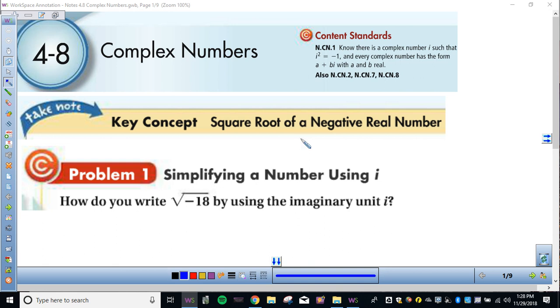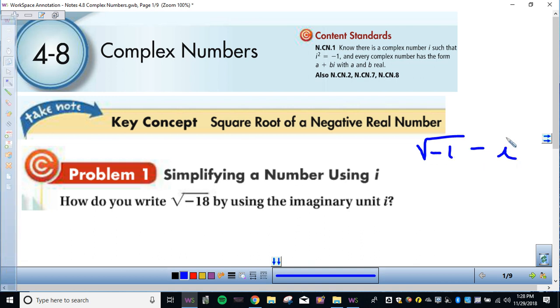4.8 complex numbers. The most important thing to remember with this: square root of negative 1 equals i. It's going to cause problems.